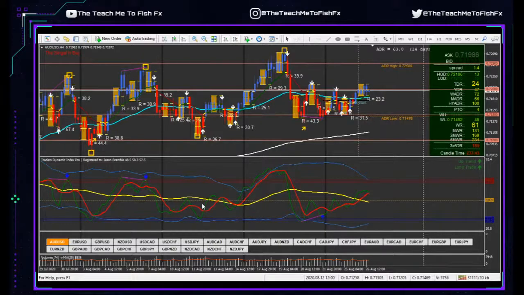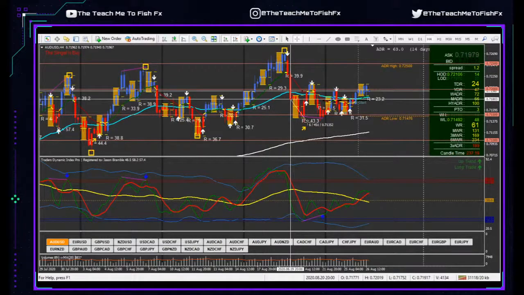AUD USD. We actually had a signal last week, Monday, Tuesday, that the market would be turning, and the market did turn around. It looks like it's pulling back, giving us a little bit of retracement. Just as an example, if you would have followed the rules, you could have gotten in here for a full profit range of 45 easy pips.